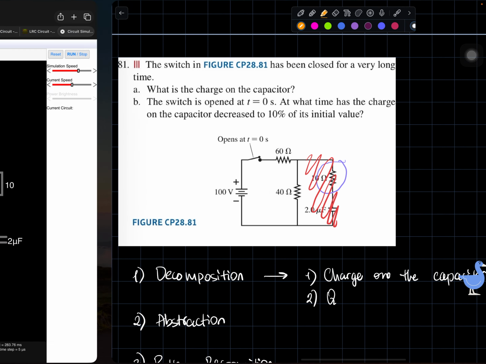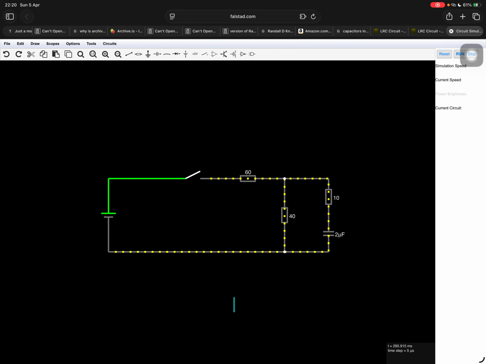Now let me show this in the full study simulation of this question. So in the simulation we connected everything just like in the question. When I close this and click the capacitor, it shows that it now has 40 volts.